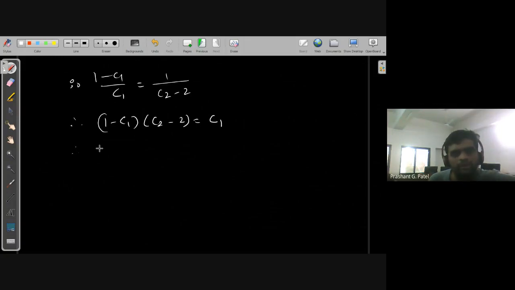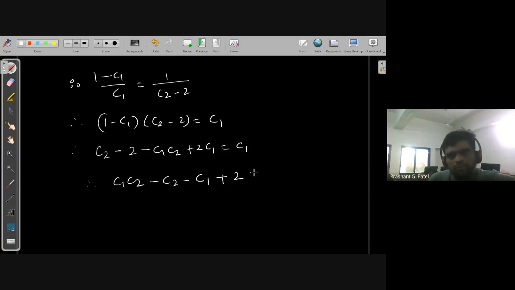So that gives me c2 minus 2 minus c1c2 plus 2c1 equal to c1. That leads to c1c2, if I take everything on the other side, minus c2 minus c1 plus 2 equal to 0.